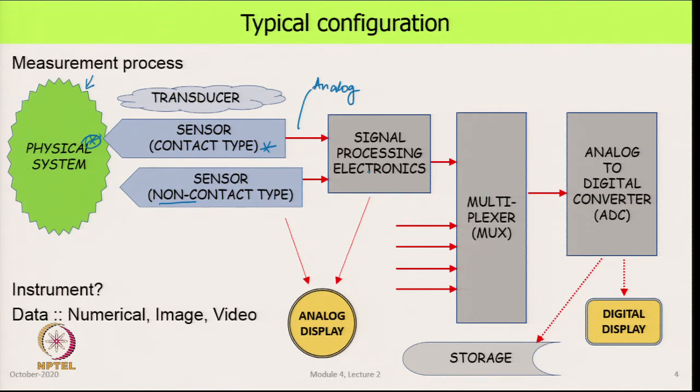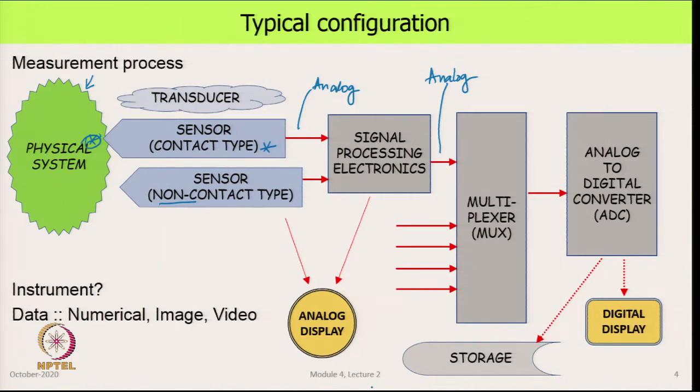This analog signal goes into the electronics, the hardware part, where we do some signal processing. This produces still a different type of analog signal, which we feed to a device called a multiplexer. If it is only one measurement that we are making, then the multiplexer is not required.